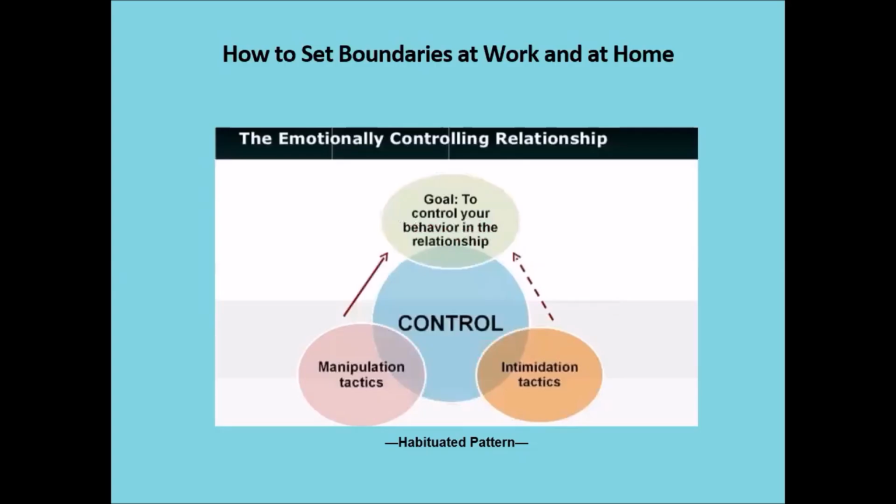Intimidation is taking it to the next level, where a manipulator tries to use power, control, bullying, threatening behaviors in order to get what they want. They may not necessarily be a violent or evil person, but they're just trying to use tactics that have worked for them in the past to control your behavior in the relationship in order to get what they most need.